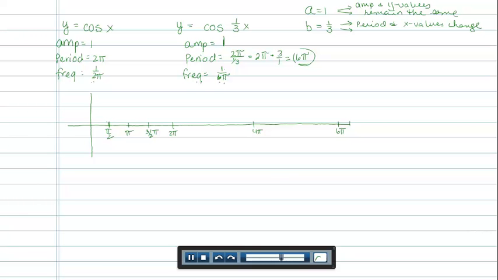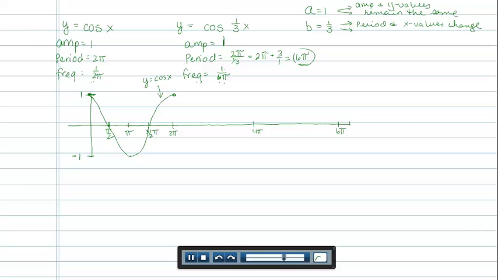Cosine, let's say that we start at 1. The amplitude doesn't change, so I don't have to worry about that. -1. So that's my maximum. I'm going to cross. I'm going to go to my minimum, and go to my maximum. Okay? So this is 1 cosine curve. y equals cosine x.